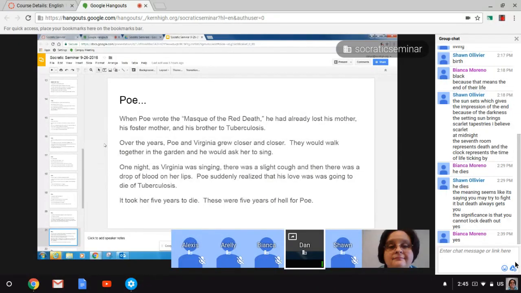When Poe wrote Masque of the Red Death, he had already lost his mother, his foster mother, and his brother to tuberculosis. And over the years, Virginia grew closer and closer. Virginia, that was his wife, his first cousin. And they would walk together in the garden, and he would ask her to sing.